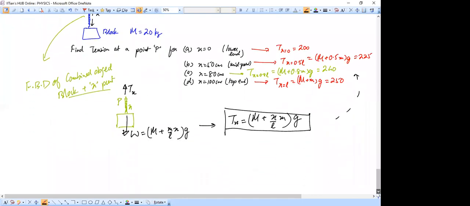Let's look at another example involving tension now. So this time we have this situation.